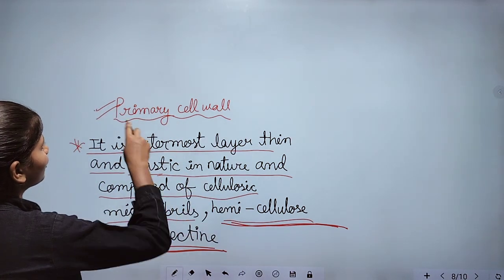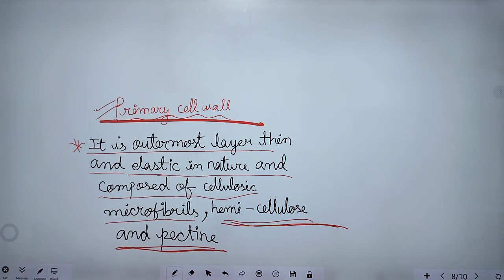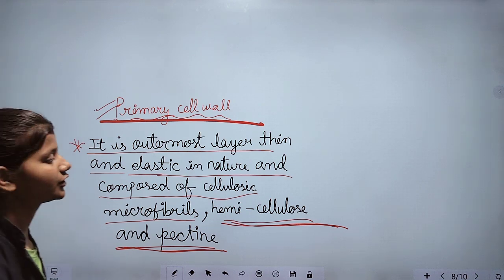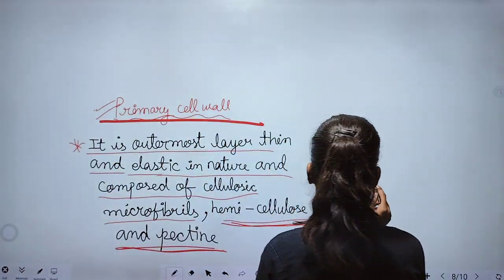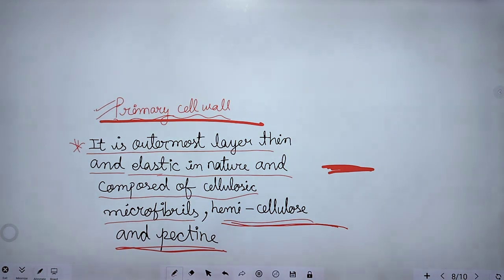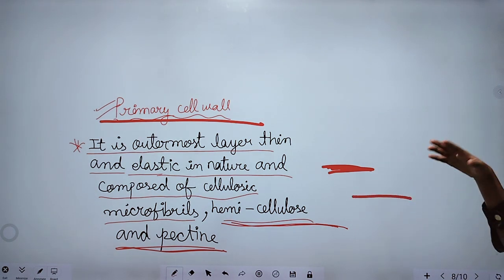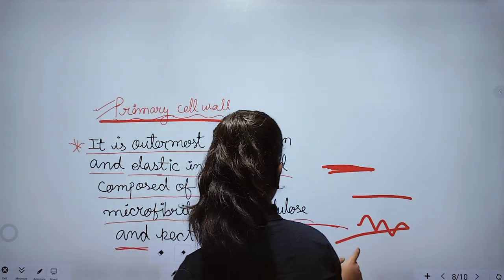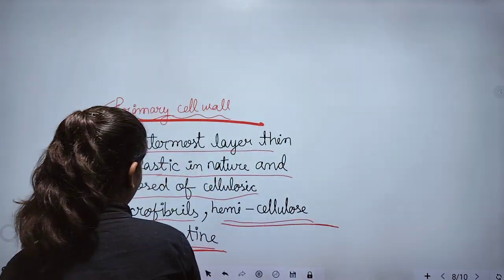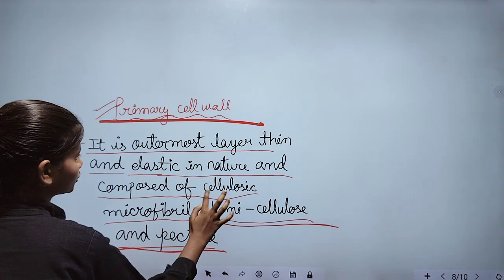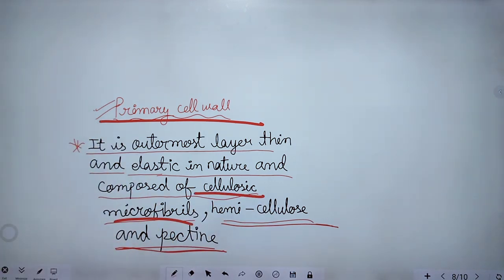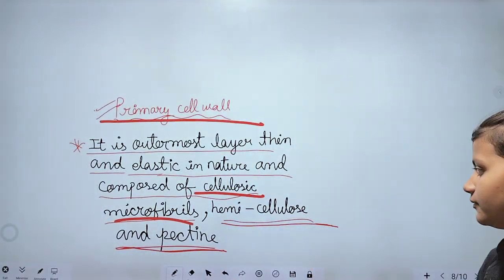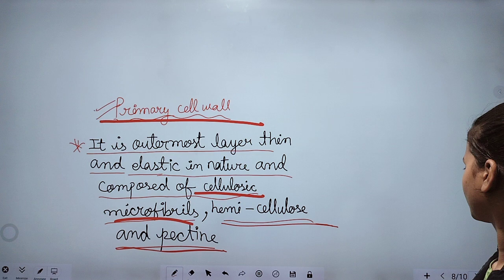Okay, and now we will discuss what is primary cell wall. It is the outermost covering layer, thin and elastic in nature, and composed of cellulosic microfibrils and hemicellulose and pectin.